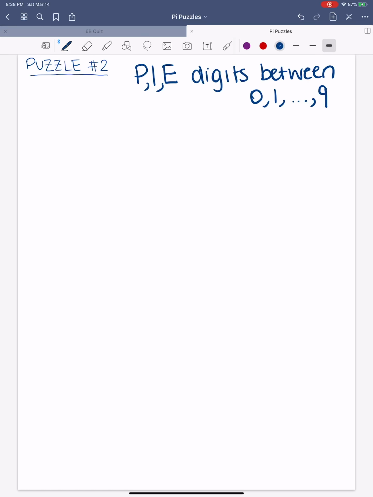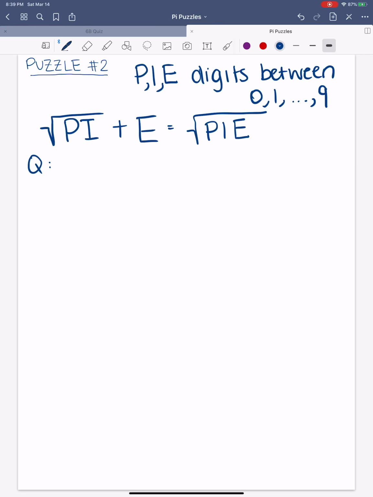And I can set up numbers so that PI, if I treat it as a two-digit number and take the square root, add it to the number that E represents, I get actually the square root of the 3-digit number, PIE. So the question now is, what are PI and E?